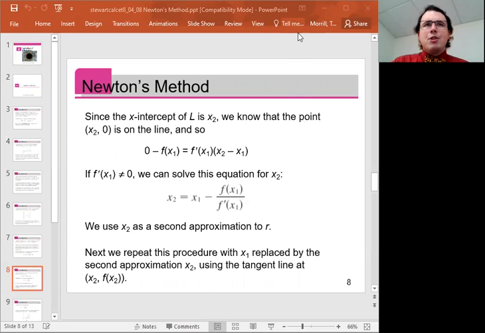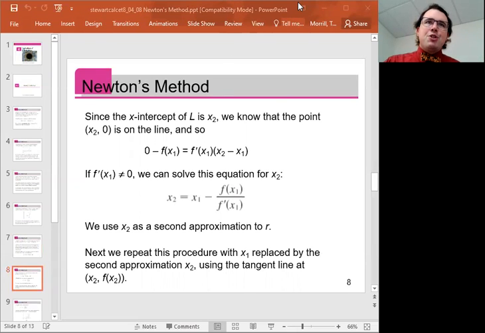Why do we not want the derivative equal to 0? Because when I solve for x2, I need to divide by f prime of x1. So this will not work if the derivative is equal to 0, just from algebra.